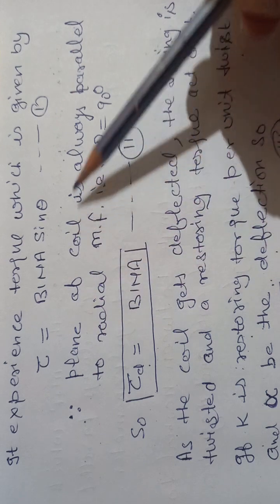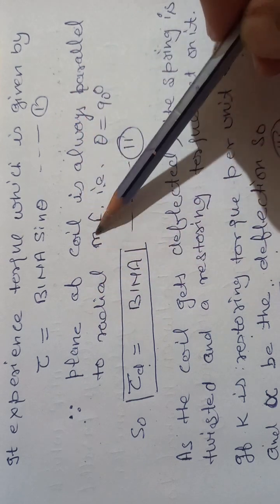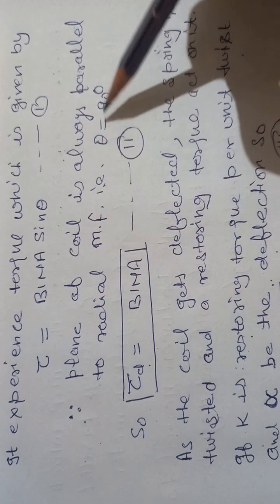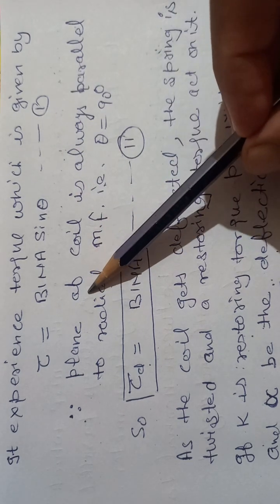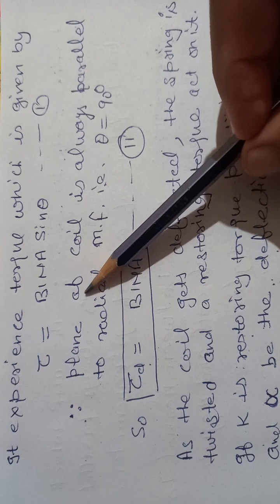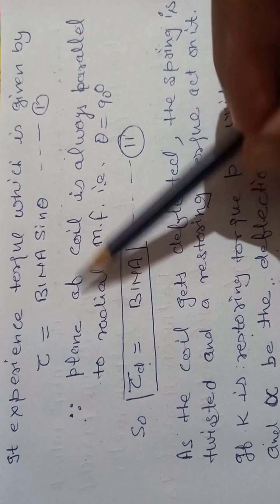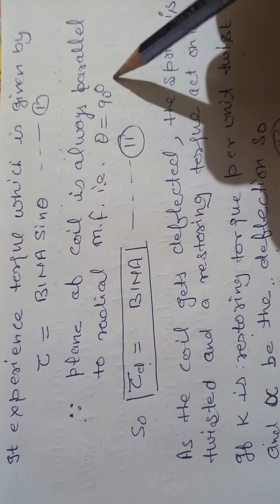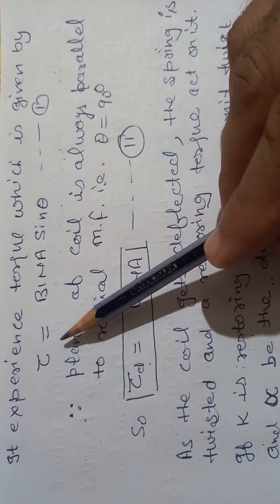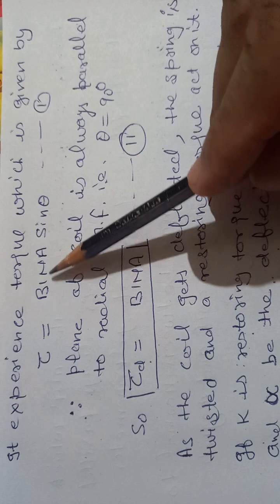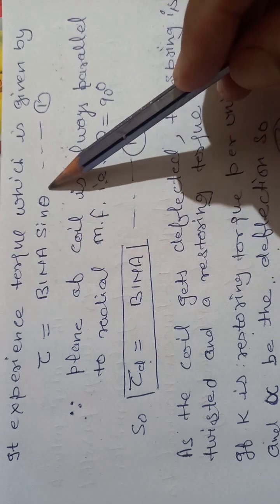The plane of the coil is always parallel to the radial magnetic field, that is, theta equal to 90. The purpose of placing cylindrical poles of the magnet in the MCG is to make the angle theta equal to 90 degrees. So when theta equals 90 degrees, the value of torque becomes BINA sin 90, that goes to 1.